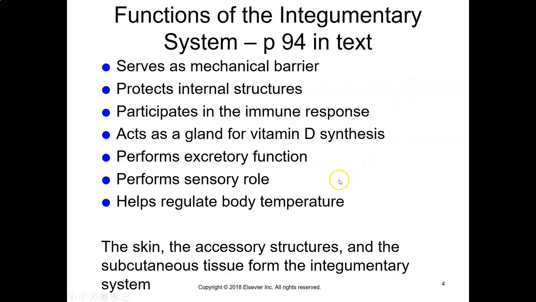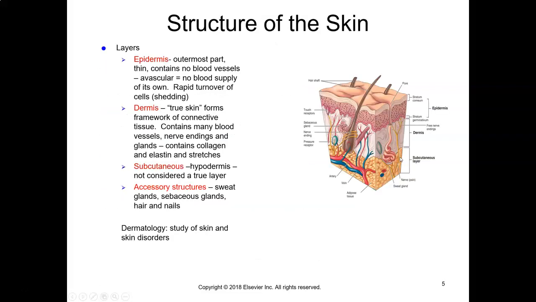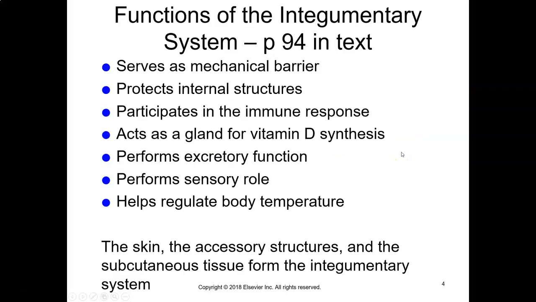It performs excretory functions like sweating. If you don't know that word, you need to look it up. It performs a sensory role. You can feel touch through your skin, cold, heat. It helps regulate body temperature. The skin, the accessory structures, and the subcutaneous tissue form this integumentary system.